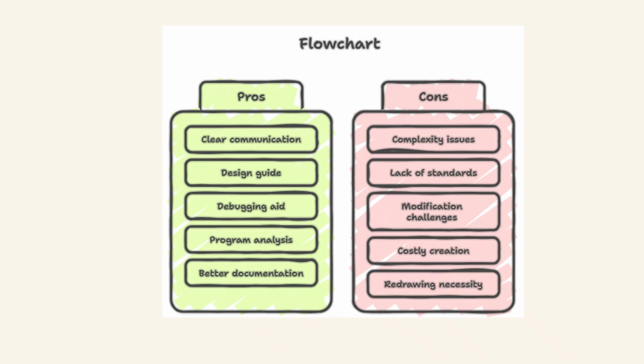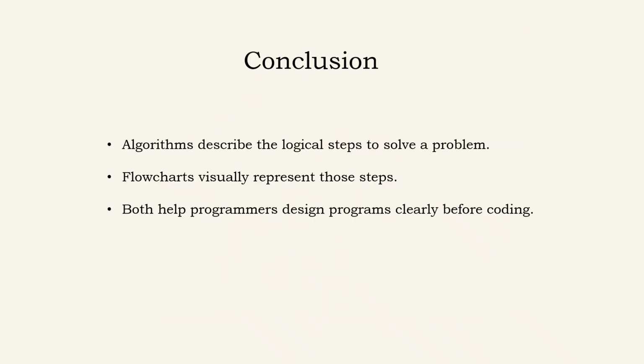So, to conclude today's lecture, algorithms and flowcharts are fundamental tools in programming. An algorithm provides the logical steps to solve a problem, while a flowchart visually represents those steps using symbols and diagrams.